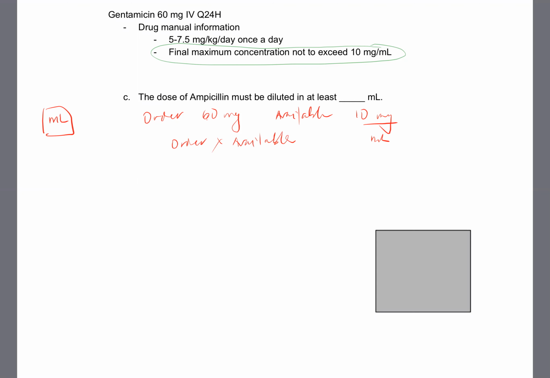For our equation, 60 milligrams, you want the 10 milligrams in the denominator, so the units of milligrams cancel. You're left with mLs, and your answer is 6 mLs. So in the shaded box, 6 mLs of fluid. And remember, you just have to check the drug manual information if it's going to be D5W, sterile water, or NS.